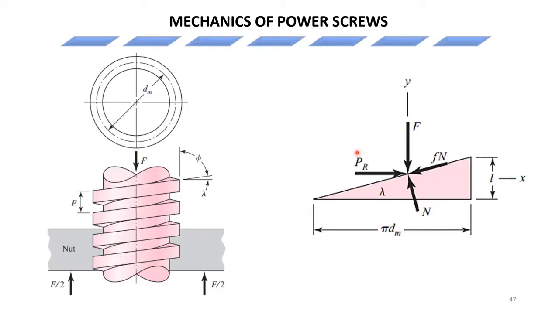So if we have this arrangement here, what would be the torque necessary to be able to raise the load F? And that torque, of course, will depend on the load PR. The PR here is the force needed to raise the load.